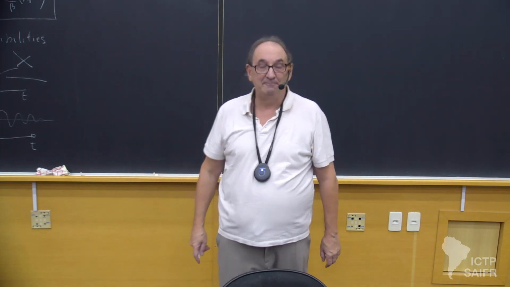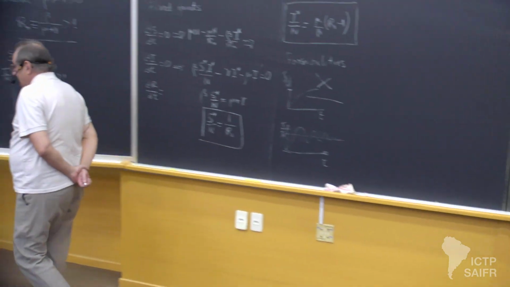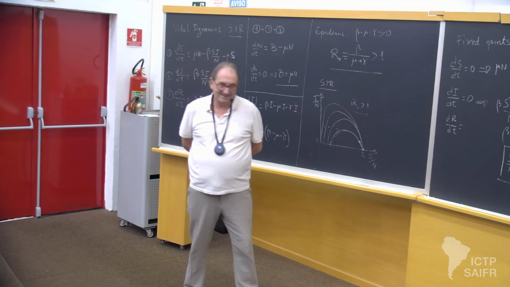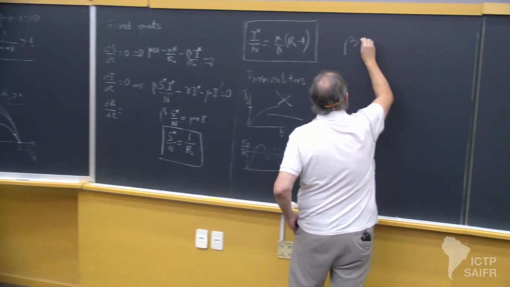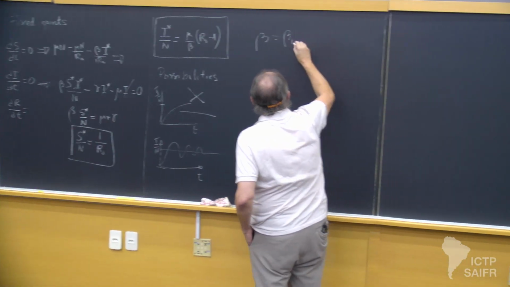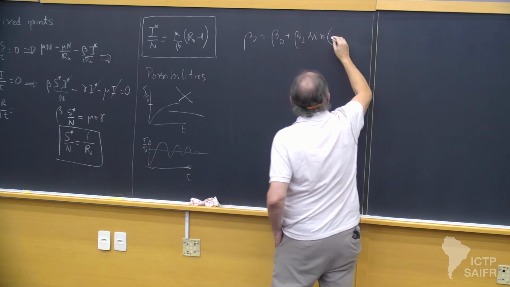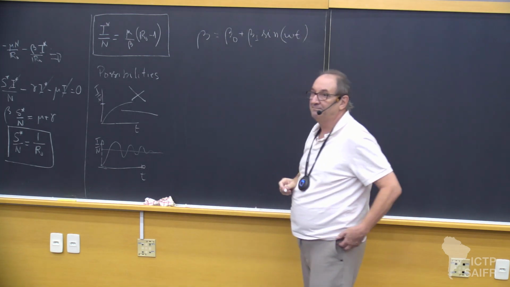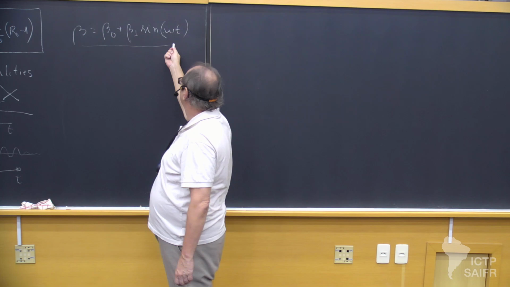And what he showed you is that if you have an external forcing, and the external forcing in that case was beta equal to some beta 0 plus beta 1 sine of some frequency times time. I don't think he wrote this, maybe not.